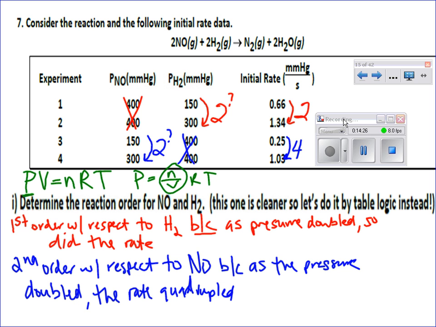What's N over V? Moles per liter, so that's molarity. Because this is all done at a constant temperature, there's a proportionality between pressure and molarity. So we can use pressure in gaseous systems in lieu of molarity. So you treat it just the same way, even though it says pressure. The rate law will look a touch different, and I'll show you how you set that up next.